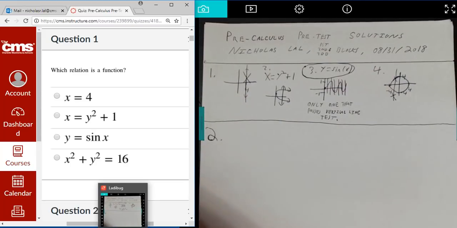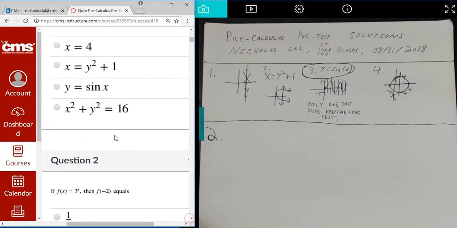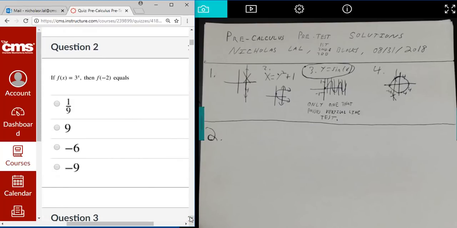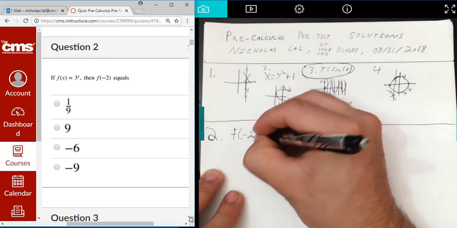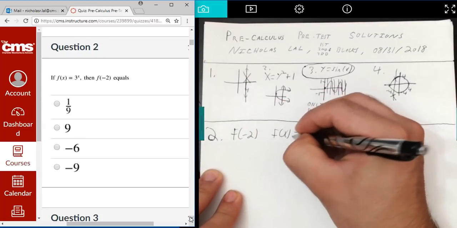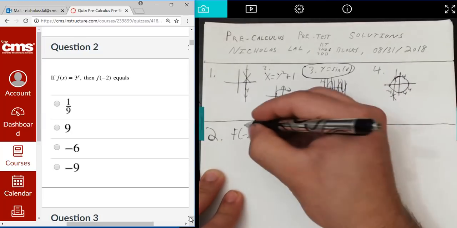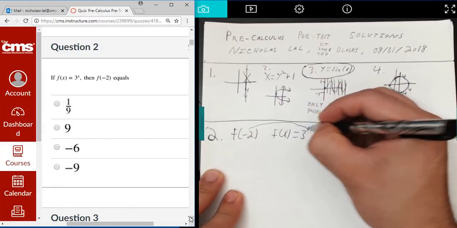Number 2. If f of x equals 3 to the x, then f of -2 equals, so what we do is find f of -2 when f of x equals 3 to the x. So we just plug in -2 where x goes.